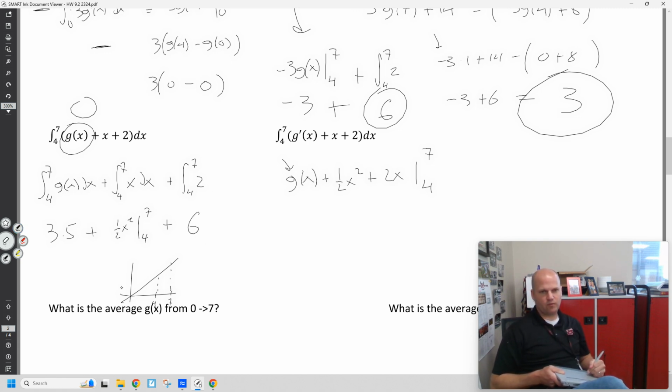Height of 2 from 4 to 7. Let's see. I'm going to have heights of 4 and 7 over a width of 3. This would be 1/2, 3, 4 plus 7. So this is 11 times 3 halves. This is 33 halves. I just found this area geometrically. Let's find the area non-geometrically using the antiderivative.